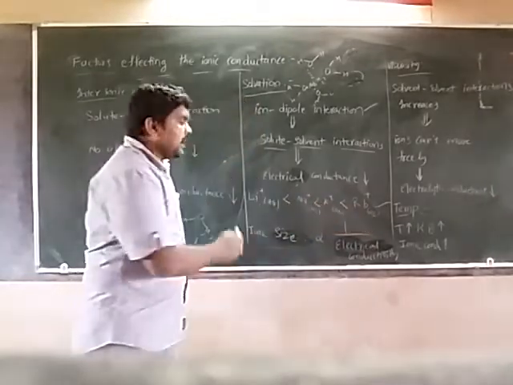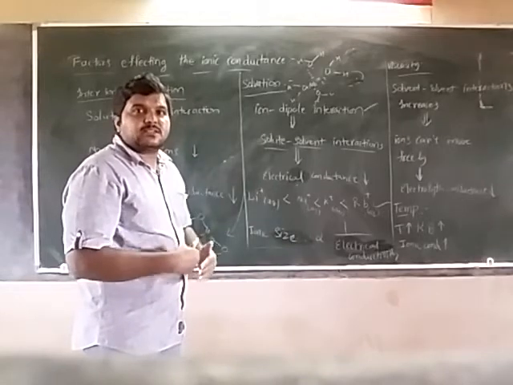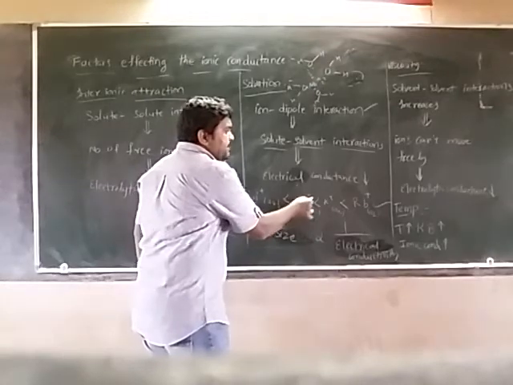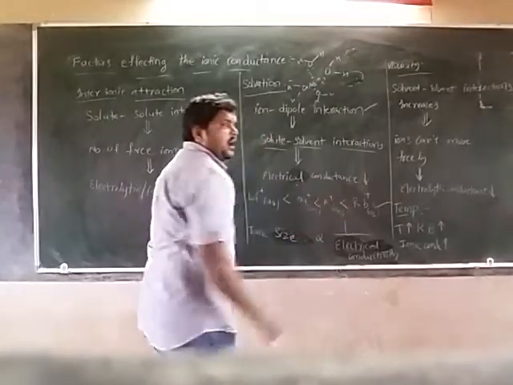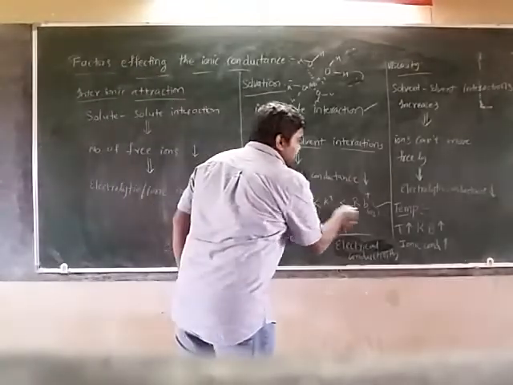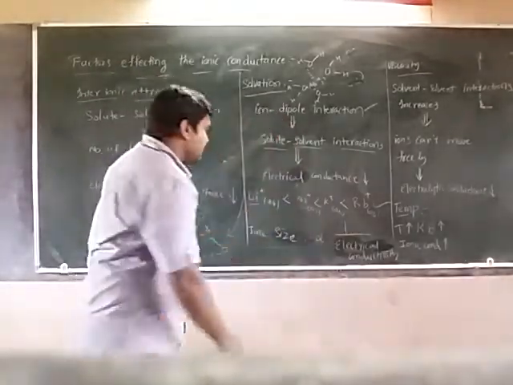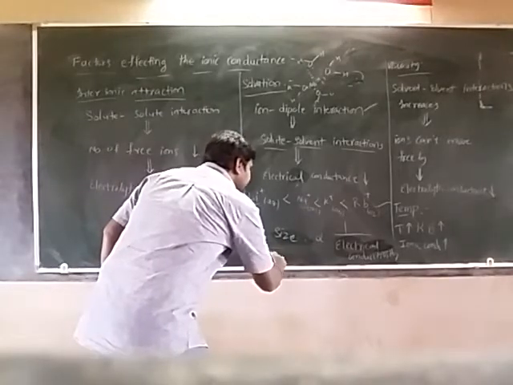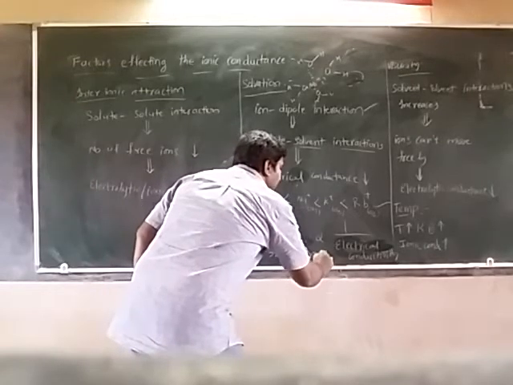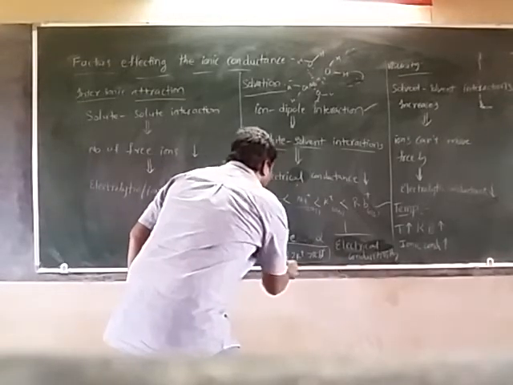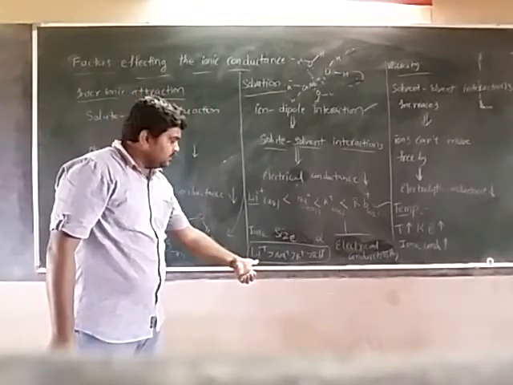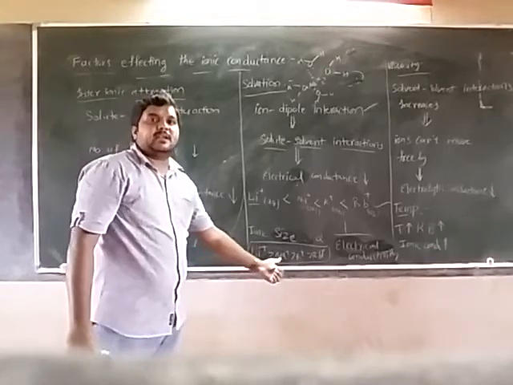After solvation, Li plus has the largest size, more than Na plus, more than K plus, more than Rb plus. This is the solvation order, and the more solvated, bulkier ion cannot have more ionic conductance.